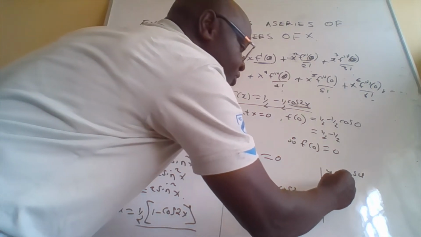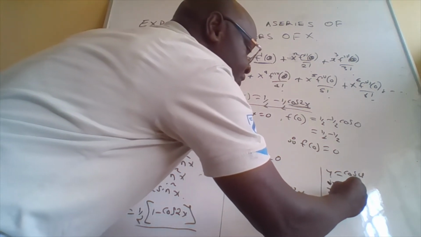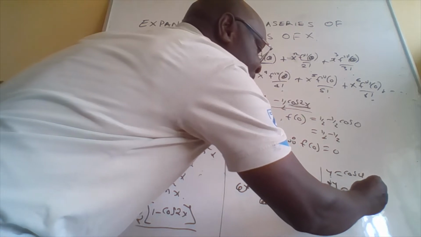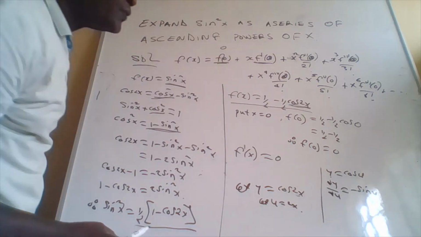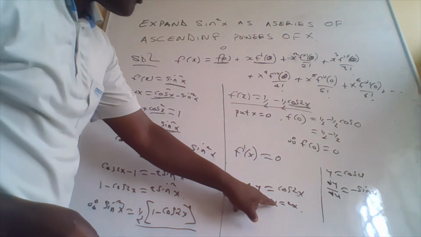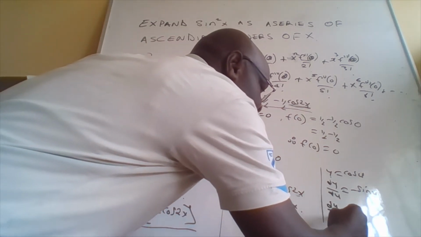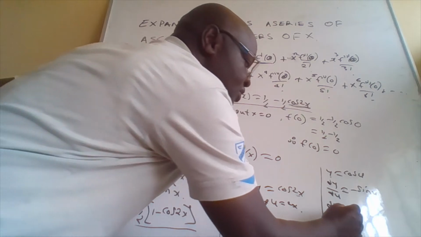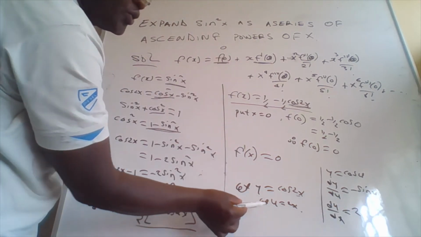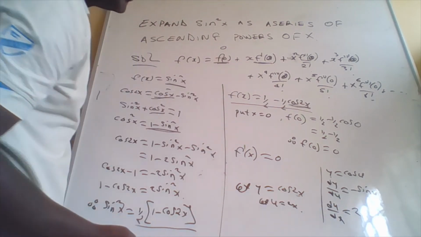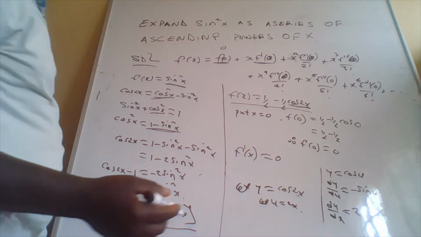Then you differentiate y with respect to u. So dy/du equals minus sine u. Then you differentiate u with respect to x. Here you have du/dx, which equals 2. Then we have the chain rule.